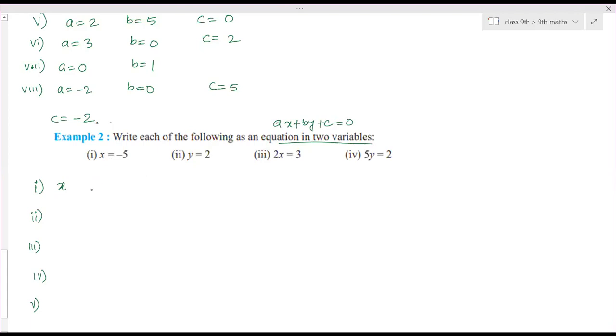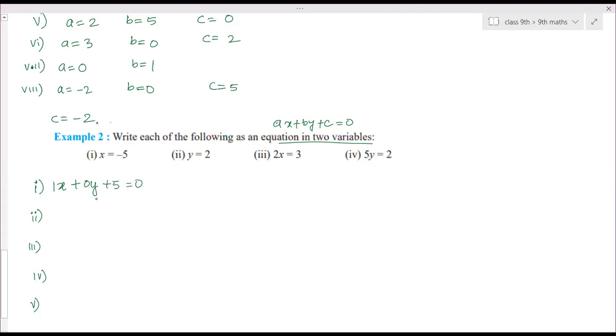Write the equation. x plus 5 is equal to 0. It means you have to write it in the ax plus by plus c form. A will be 1, let's say 1x plus 0y plus 5 is equal to 0.